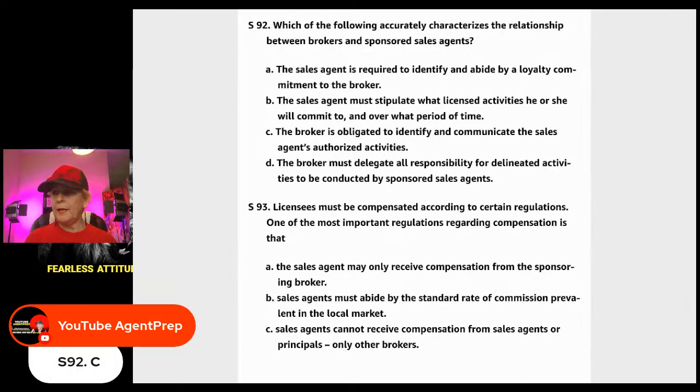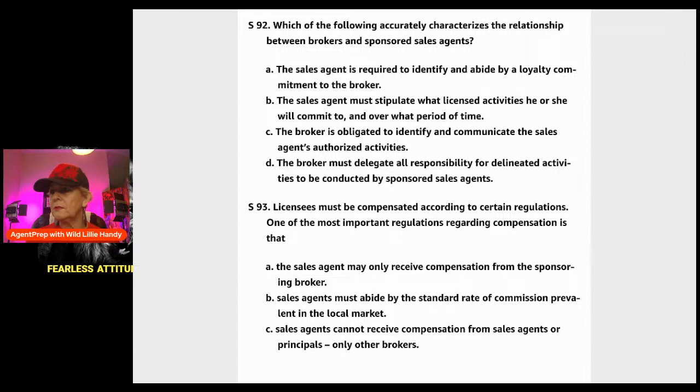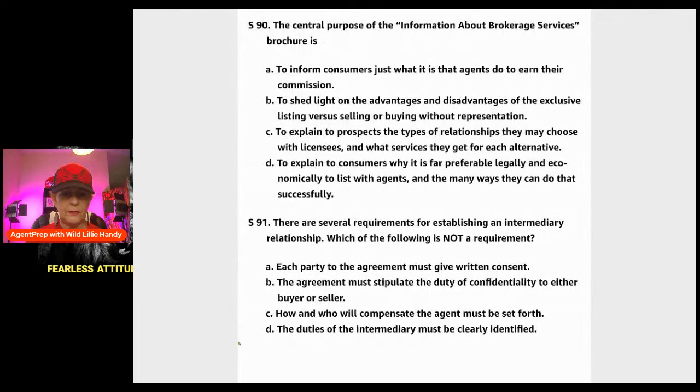And I'm going to go back to 91 for a moment, just because I noticed one or two individuals answered A, C, and B. So I'm going to backtrack here. Several requirements for establishing an intermediary relationship. Which one is not a requirement?